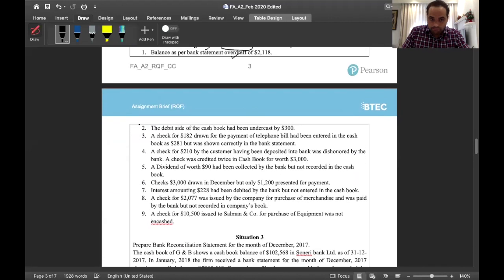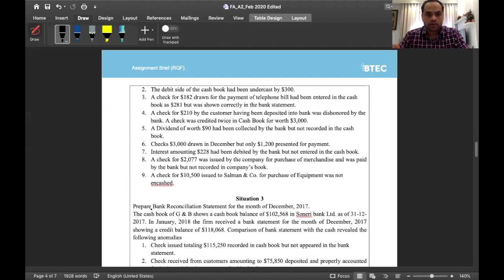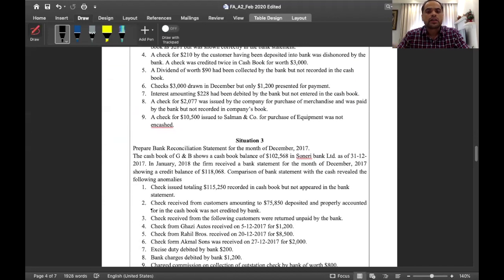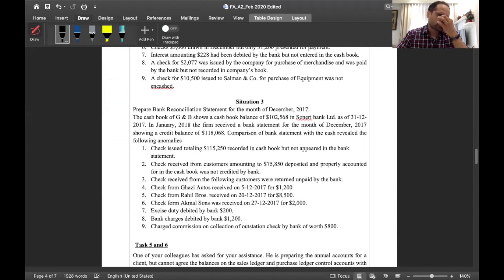Then we have some transactions that we use to make adjustments to prepare your bank reconciliation statement and cash accounts. Situation 3 is December 2017, and we have some information here.